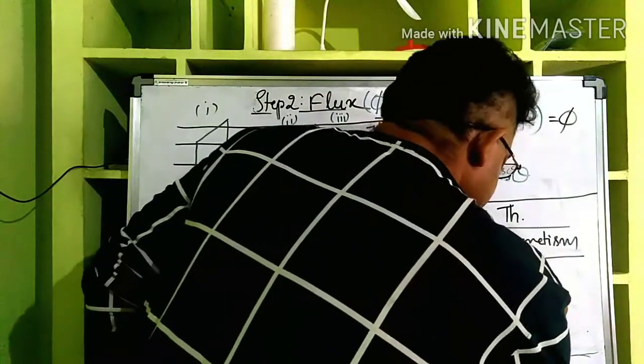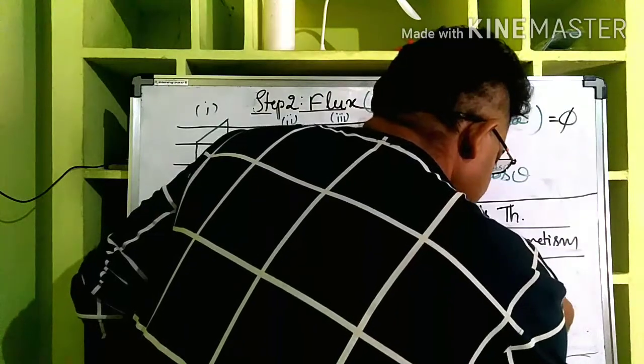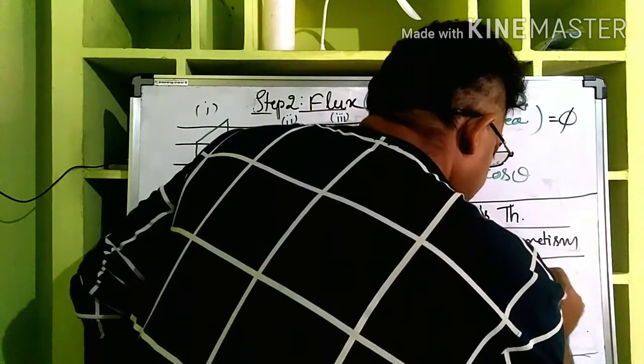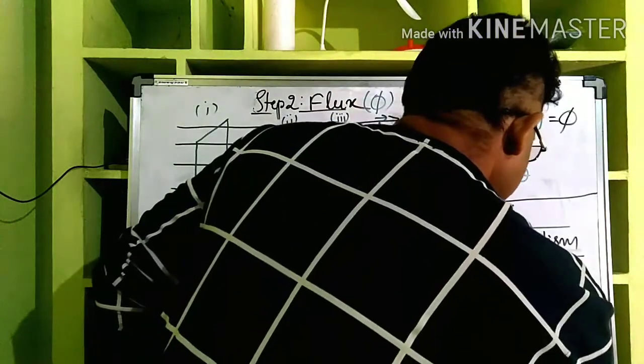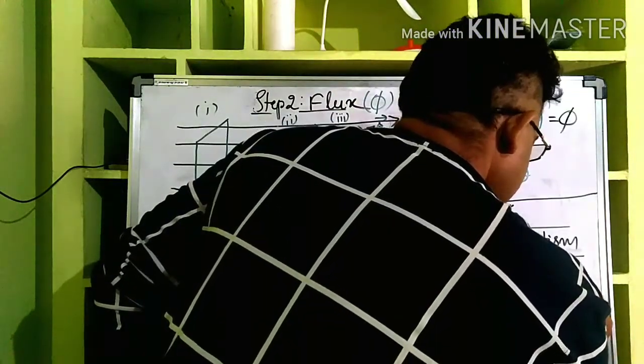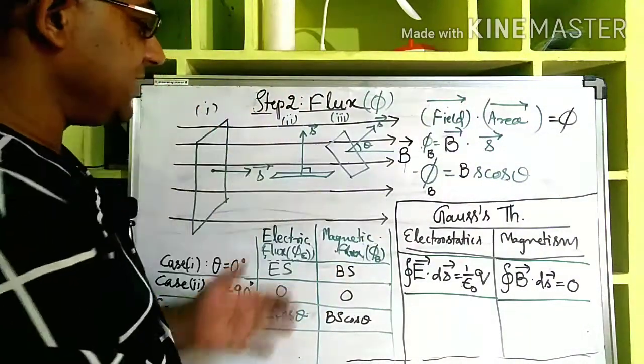And Gauss theorem of magnetism says that the closed surface integral of the magnetic field over any closed surface is always 0. Now let us understand what they actually mean.